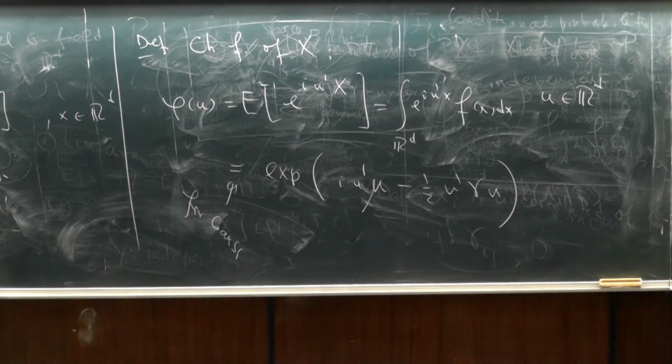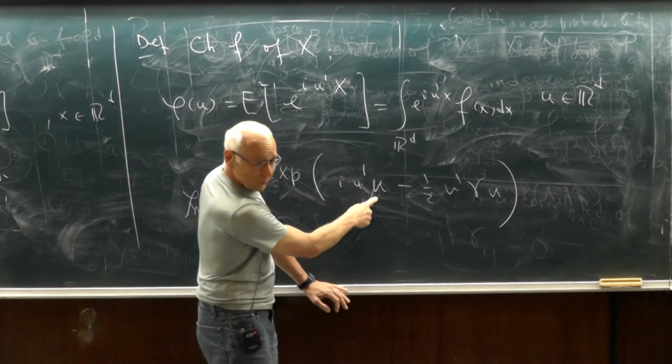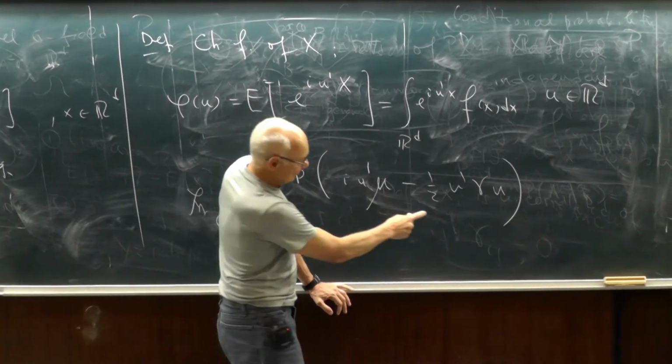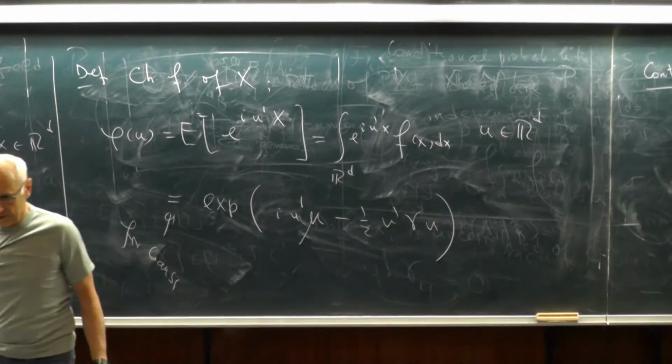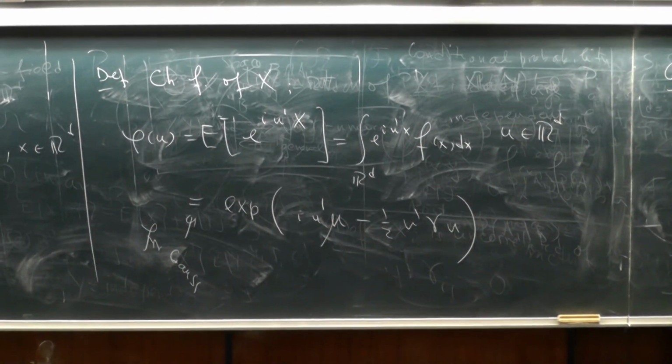So again, it's an expression. Please distinguish. This is mu, it's a mean vector. Gamma is a covariance matrix, and u is the argument.